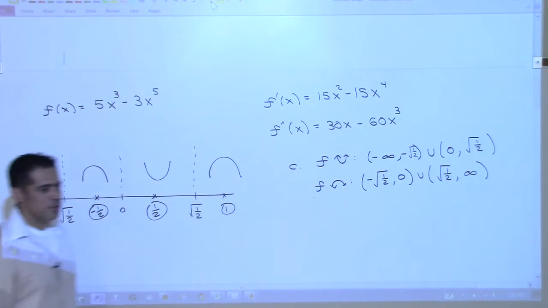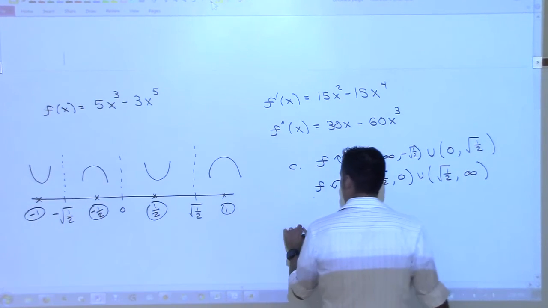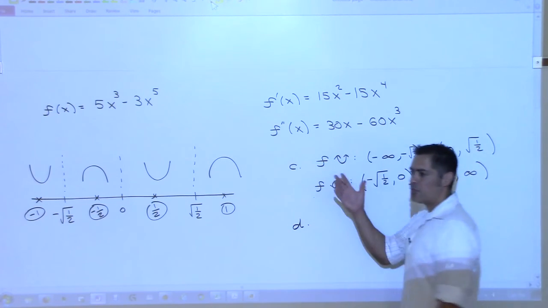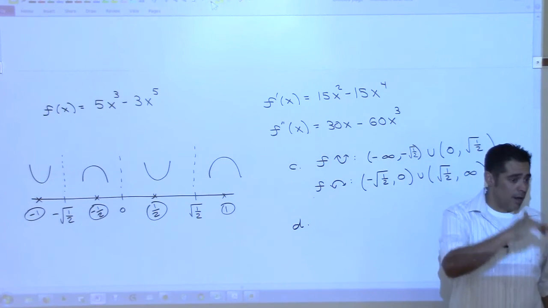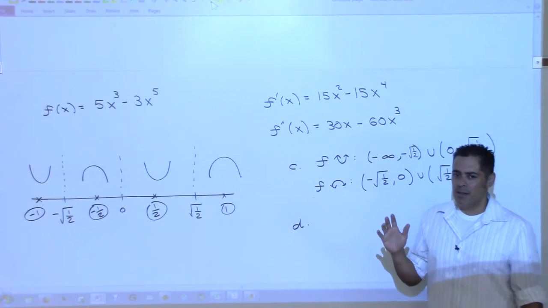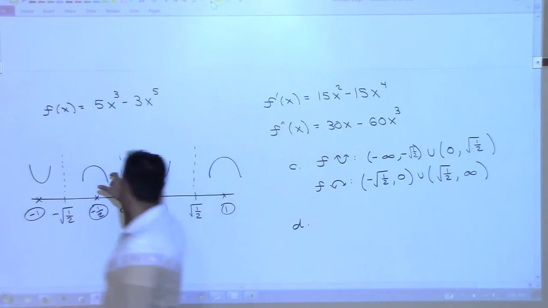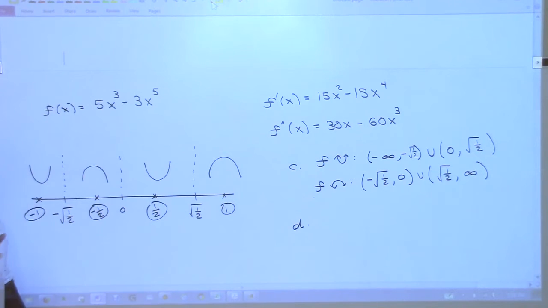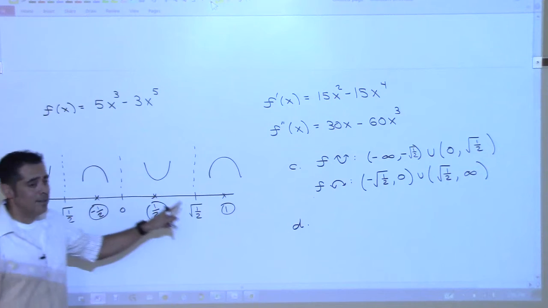Part D is inflection points. So this is where there's a slight difference. With the first derivative, we're looking for local max and min, right? But with the second derivative, we don't care if it's going from smile to frown or frown to smile. As long as it's changing, it qualifies as an inflection point. So we actually have an inflection point here, here, and here.